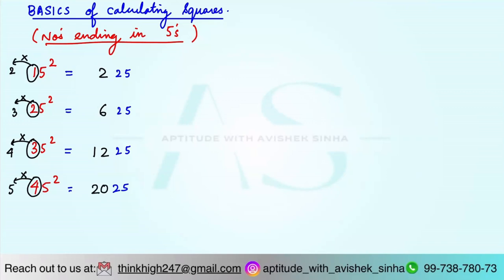This is 2025. I hope you are following this. If not, please interrupt and ask. I'll explain this again. No worries. If yes, then please type in the answer for 55 square, 65 square, 75 square, and 85 square. Please do it.